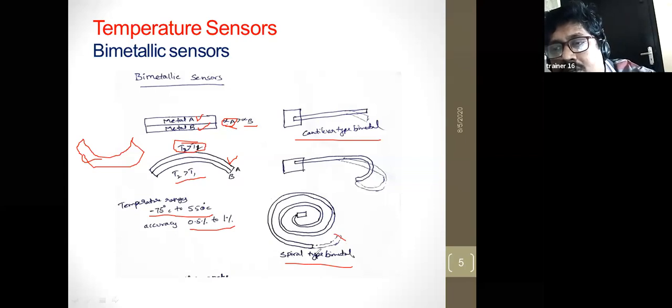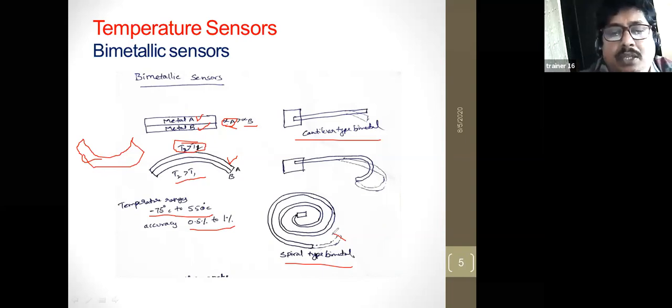When the temperature decreases, again it comes to the original position. When it is exposed to the temperature or some heat source, it undergoes expansion. Are you understanding? When the temperature decreases, again it comes to the initial position.